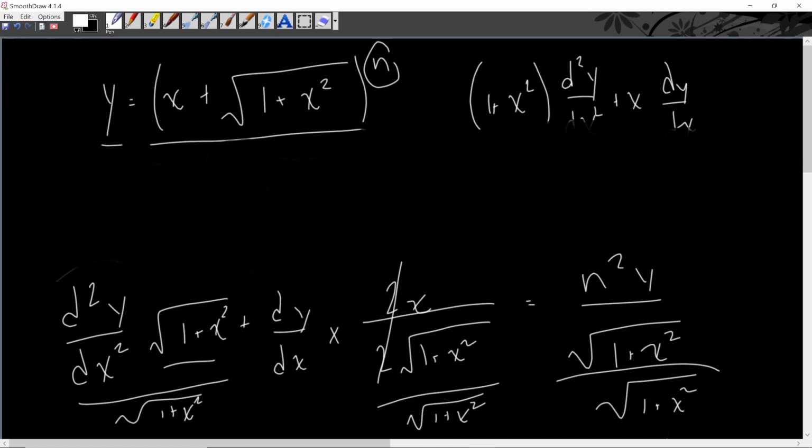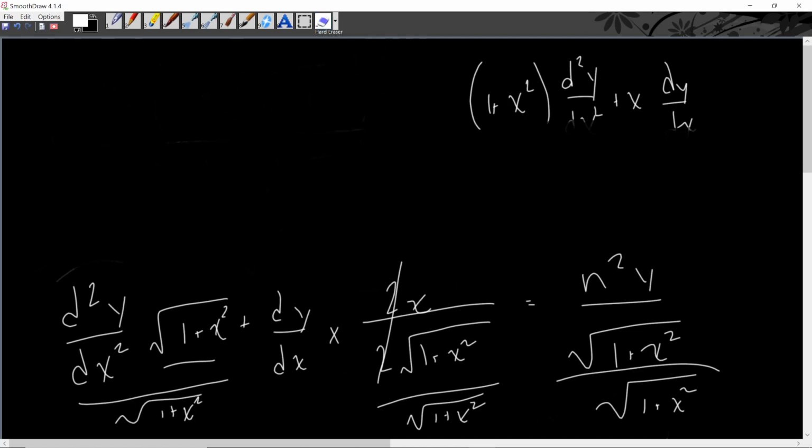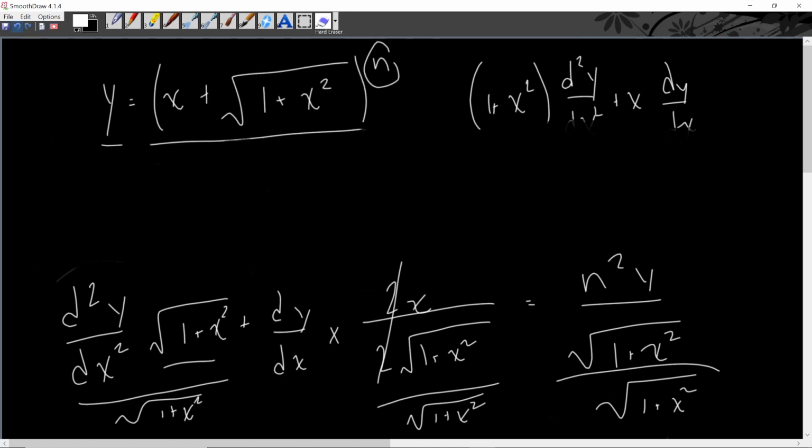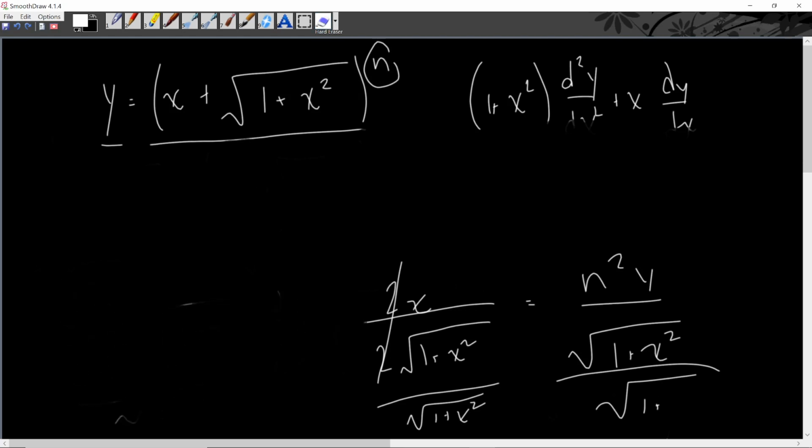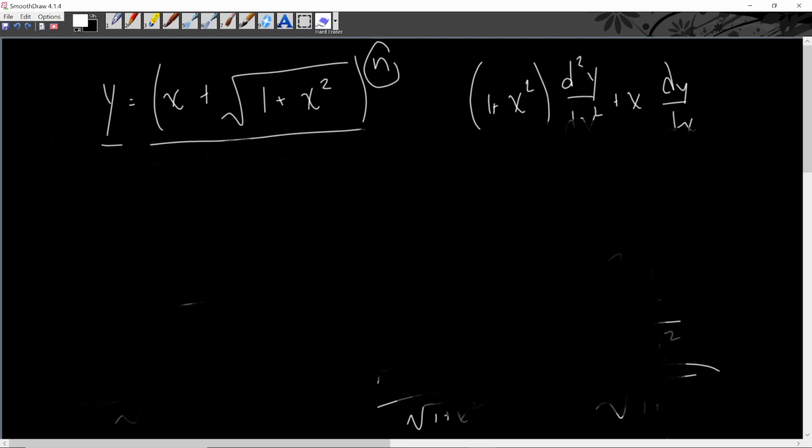And then we get what our original goal was. Oh, wait. No, it's not divide. It's going to be multiplication. Again, we're trying to get to 1 plus x squared times the second derivative plus x dy/dx.